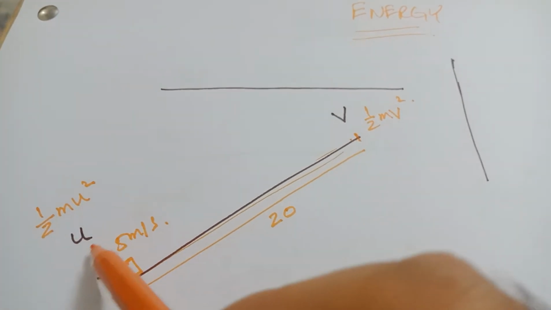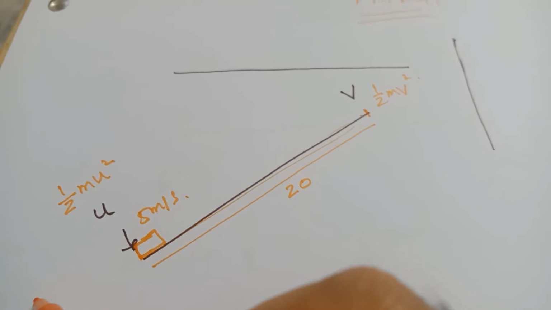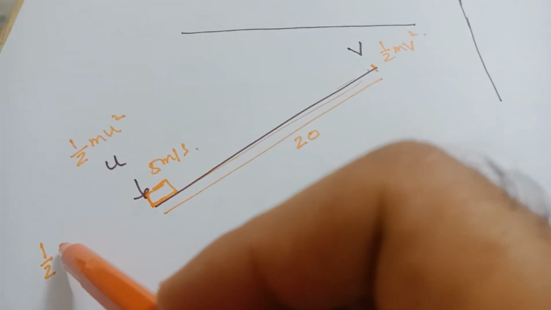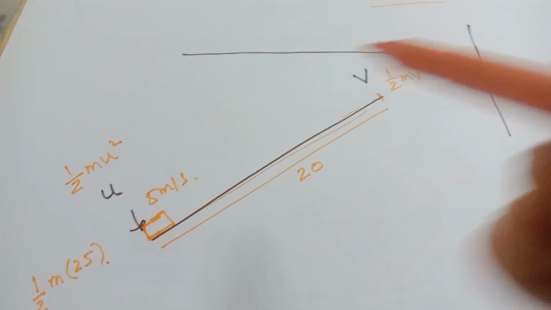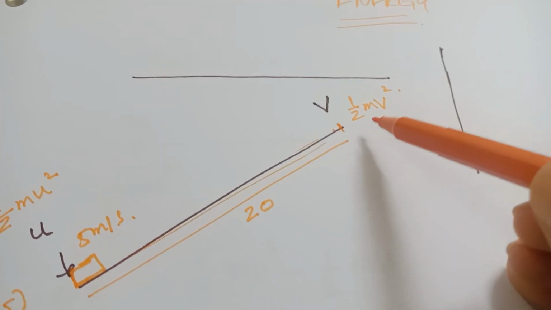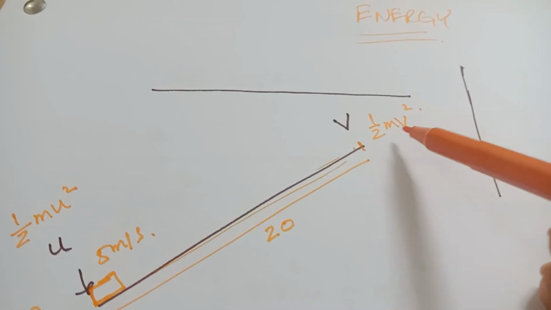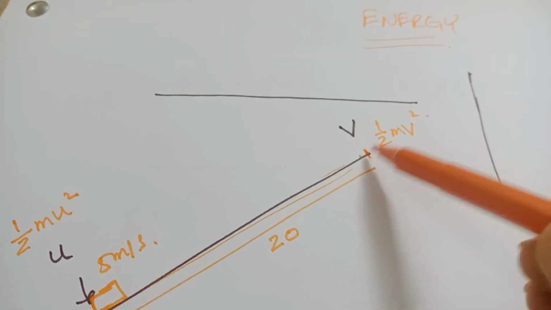If I use this formula right now over here, its kinetic energy is half into m into 25. And here, since it has gone to rest, it has just reached here.